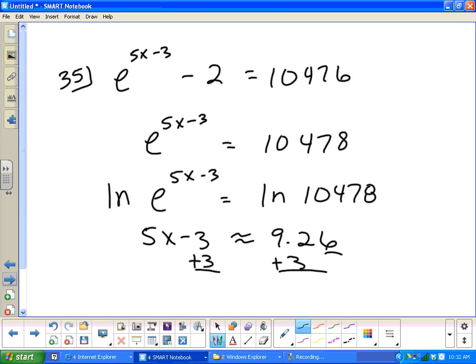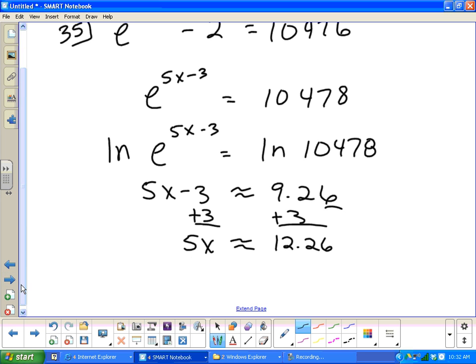It's like you're just doing one big calculation at the end instead of a bunch of little ones. So 5x is about 12.26, but it's really 12.26 something else. When we divide by 5 on both sides, again, we're dividing what's in our calculator by 5. It'd be 2.45.